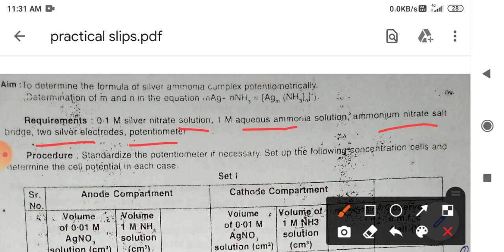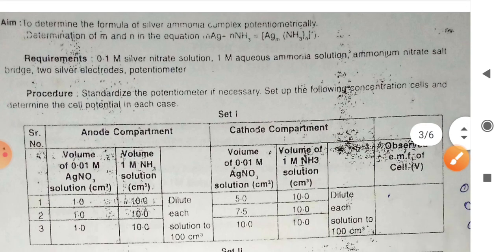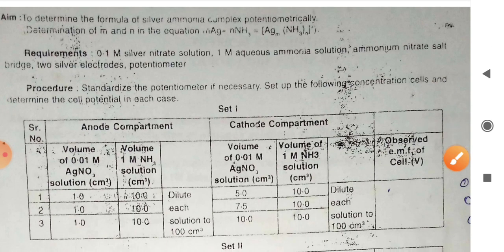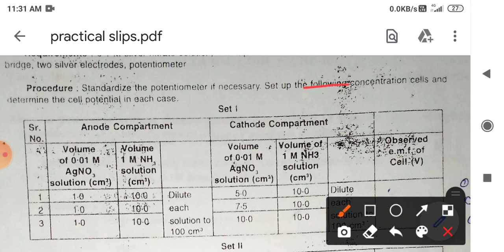For this instrumental type of experiment we have to use distilled water. So what is the procedure? First, standardize the potentiometer if necessary, and set up the following concentration cells and determine the cell potential in each case.